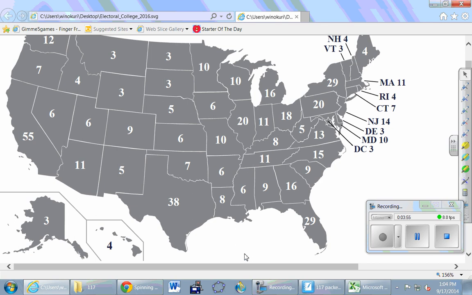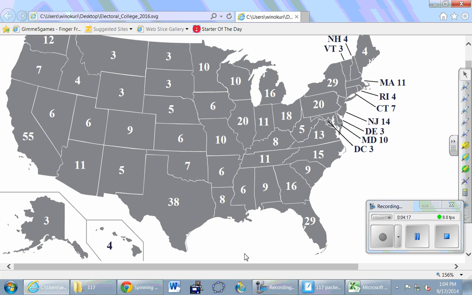How many senators does each state get? 2. Every state, regardless of size or population, gets 2 senators. So 2 of these 3 people right here listed for Montana are their 2 senators. And then states have different number of representatives in the House of Representatives based on what one factor? Population. Not about land mass.